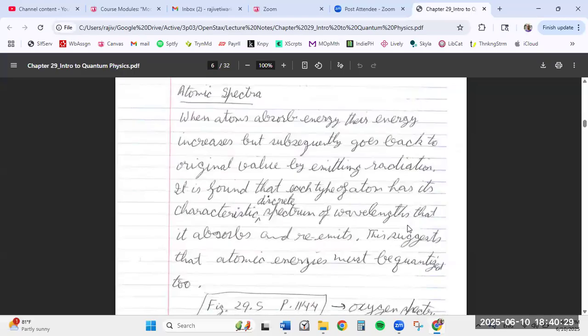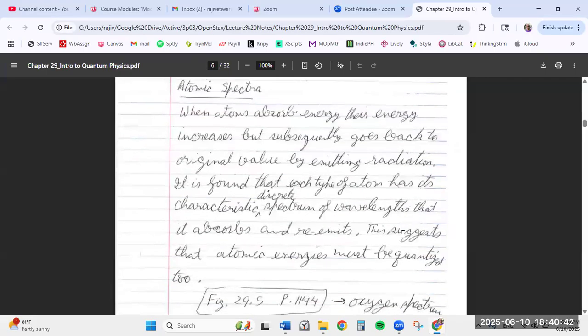One system in which the quantization of energy is very starkly, very clearly seen is in what's called an atomic spectrum. So when atoms absorb energy, their own energy increases. When atoms absorb electromagnetic radiation, their energy increases.